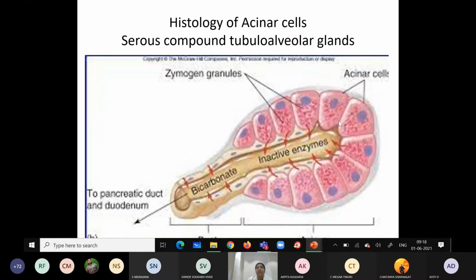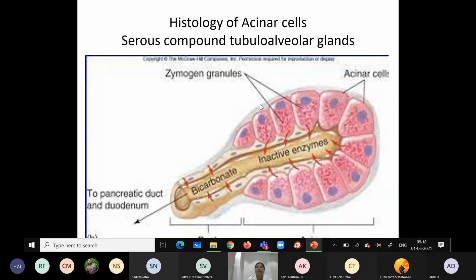Now coming to the acinar cells. Let me tell you, the exocrine part of the pancreas resembles the salivary gland very much, structurally, histologically. The acini are present in the salivary gland, so the acini are present in the exocrine part of pancreas also.